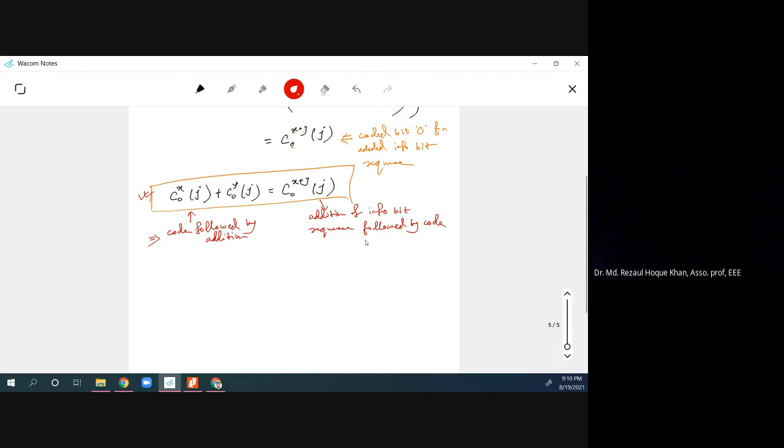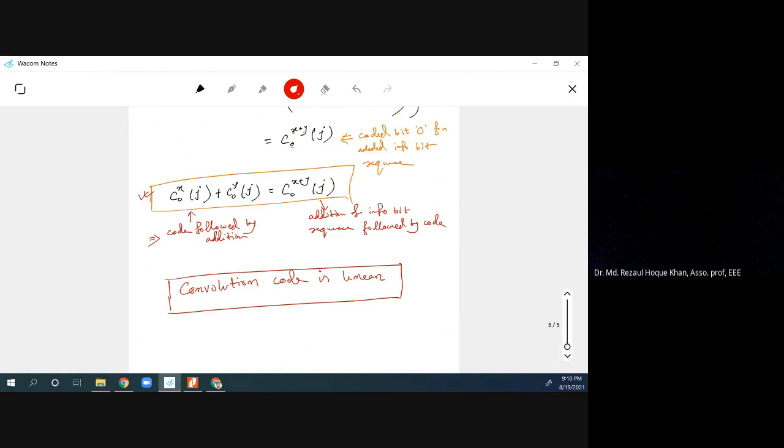So our conclusion is that the convolution code is linear.